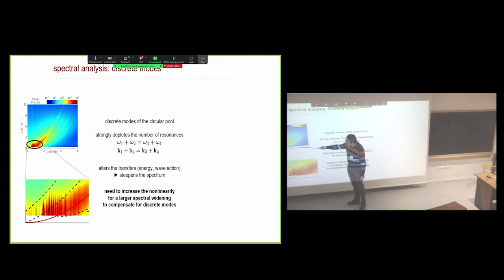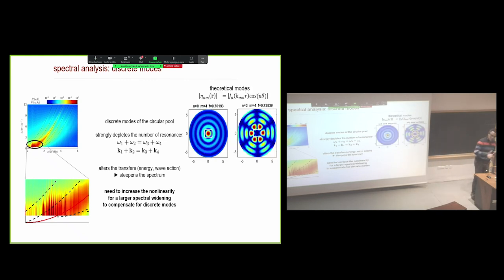The consequence is that if you zoom in on this region of the spectrum, we have all these lines here that are discrete modes of the tank. These are two examples of modes, at 0.701 hertz and 0.738 hertz, that are Bessel functions.